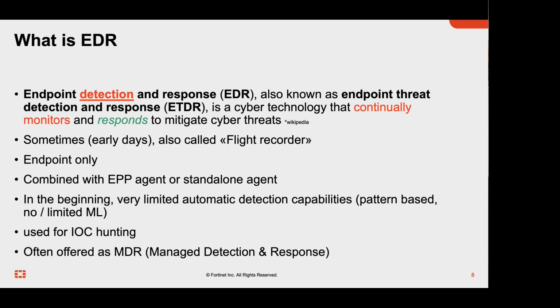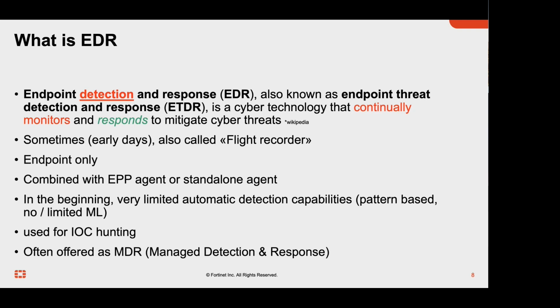And as you could see in the middle, more and more over time, all the vendors started to combine the EPP agent they already had together with the EDR agent. There are still some vendors out there that only have, let me say, an EDR agent. We at Fortinet today also have the FortiClient, which is more or less an EPP agent, and the EDR agent, but we also plan to bring these two together.